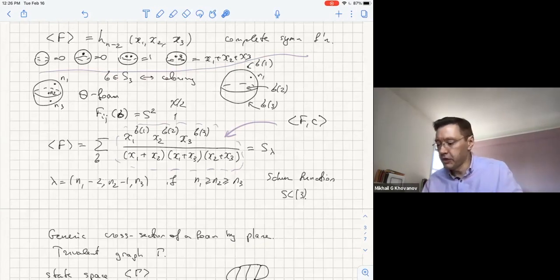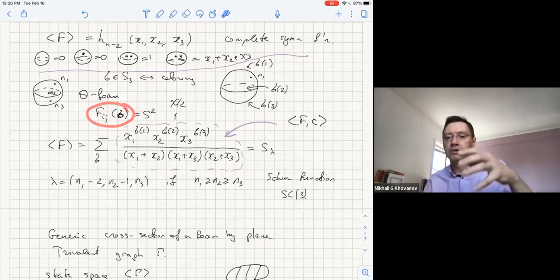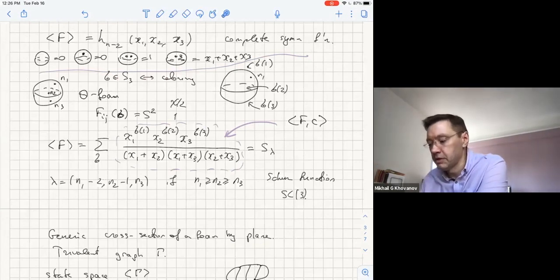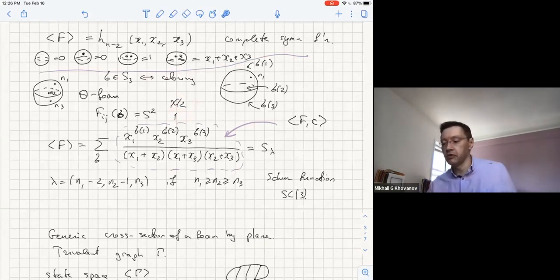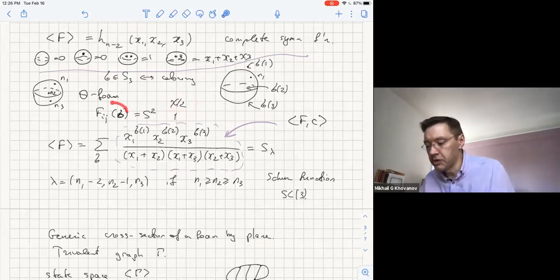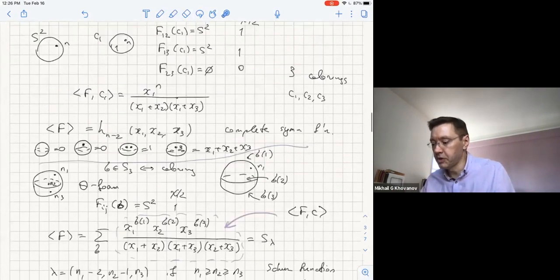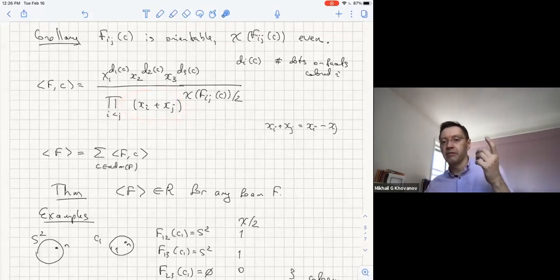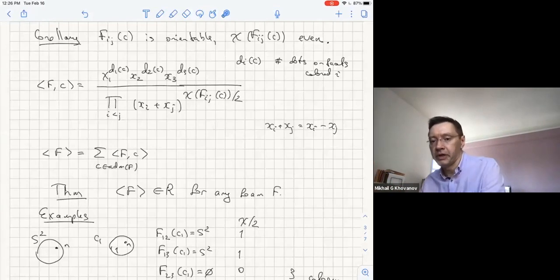So when you take Fij, there's always a union of 2 disks, one for color i, one for color j. So it's always a two-sphere, and its characteristic is 2, so it enters with exponent 1 into the expression. So each Fij for each coloring will carry exponent 1. It means that we'll just have one xi plus xj for each pair ij.